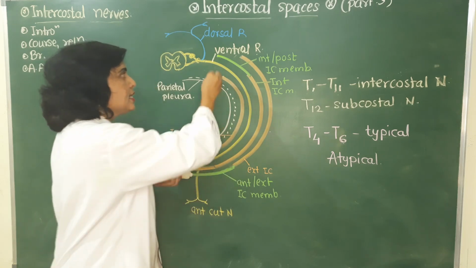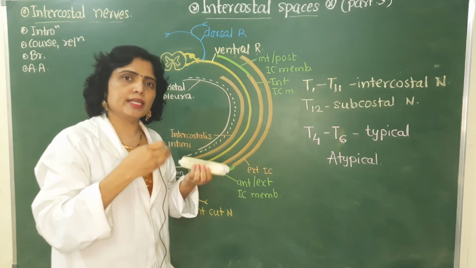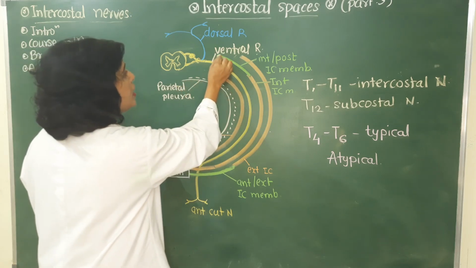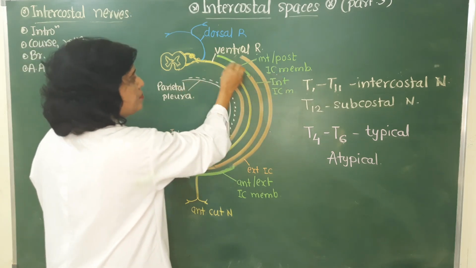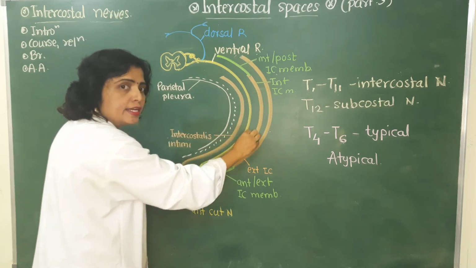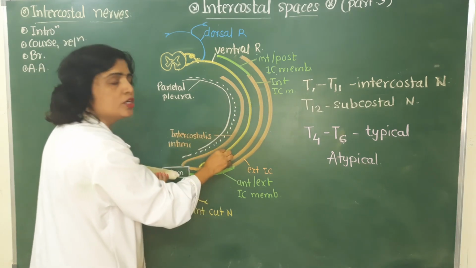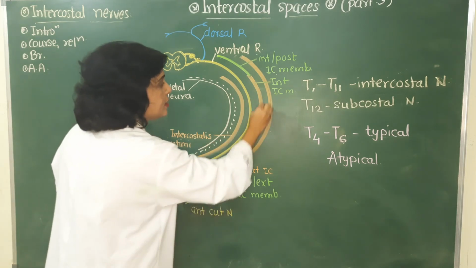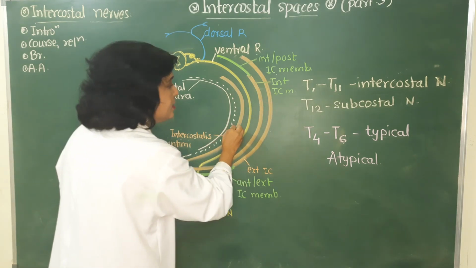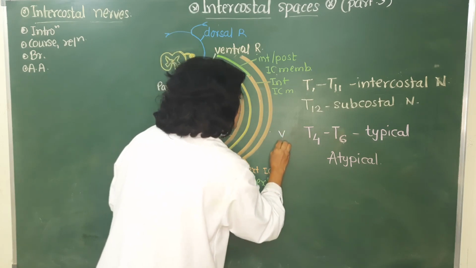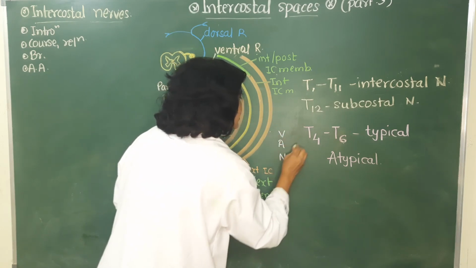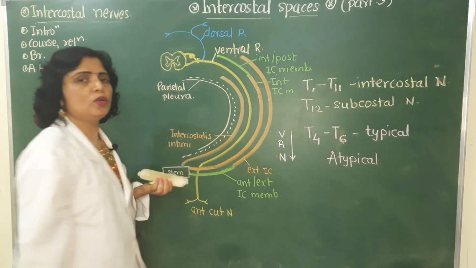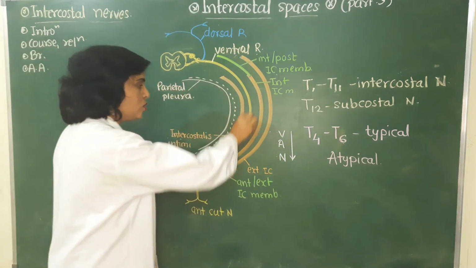Then it runs between the parietal pleura and the internal intercostal membrane, and then it enters the costal groove, where it lies between the innermost intercostal and internal intercostal muscle. In the groove it has relations with the intercostal vessels from above downward: vein, artery, nerve. So the nerve is the lowest structure in the costal groove.